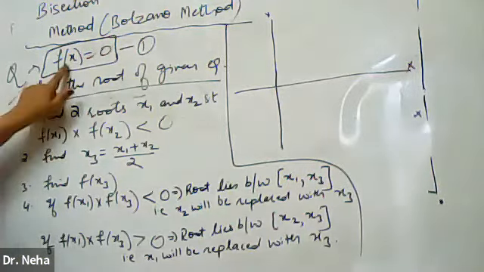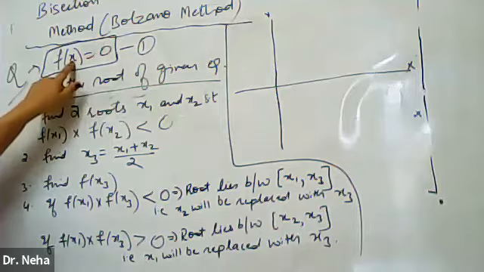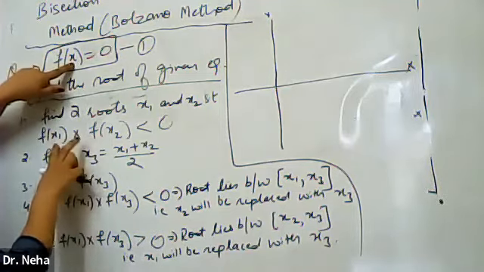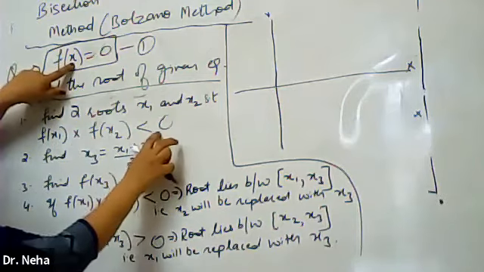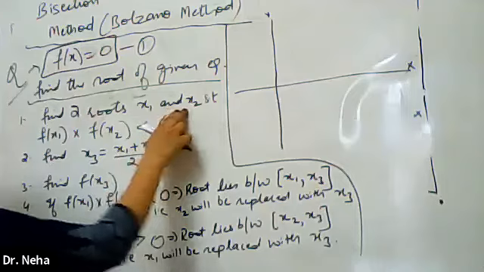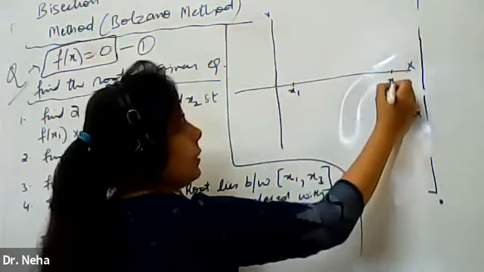We will put x equal to 0, x equal to 1, 2, 3, 4 over here. We will continue up to when this condition is satisfied, that fx1 into fx2 should be negative. Clear? Let us suppose we got our two roots x1 and x2. Here, let it be x1 and here, let it be x2.